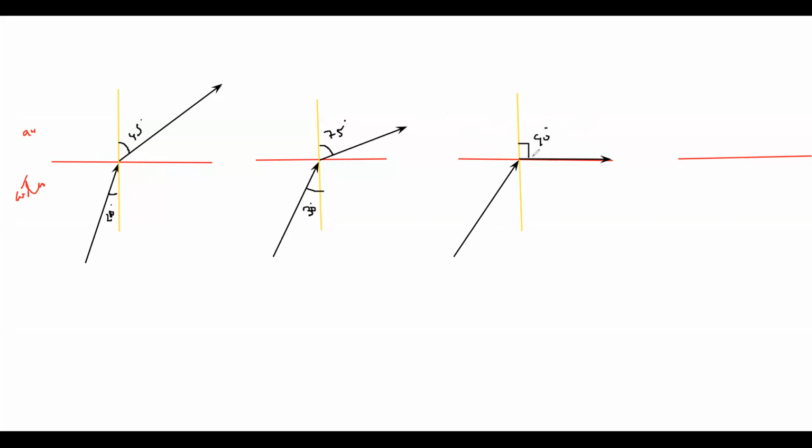So if the angle of refraction is 90, and this angle here was 40, what is the critical angle in this example? 40. The critical angle is 40. So the critical angle is the angle of incidence for which the angle of refraction is 90. But if I increase the angle more than the critical angle, what will we observe? The critical angle was 40, now I change it to 41.